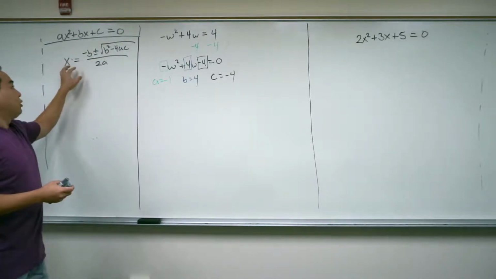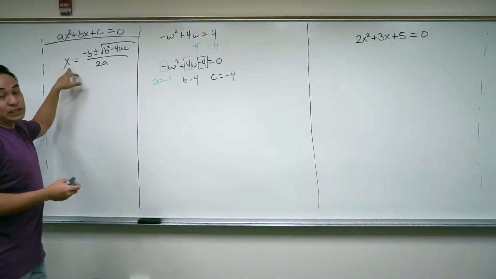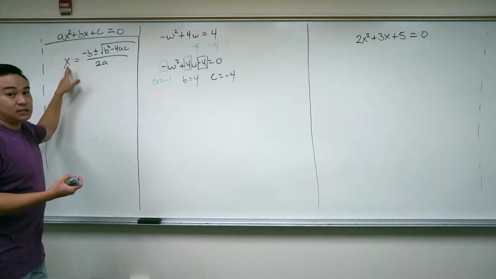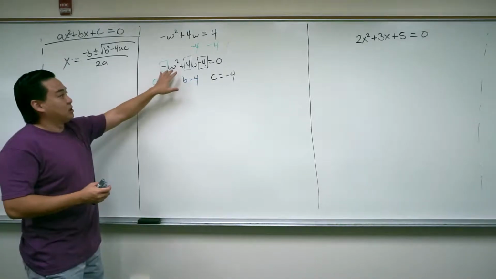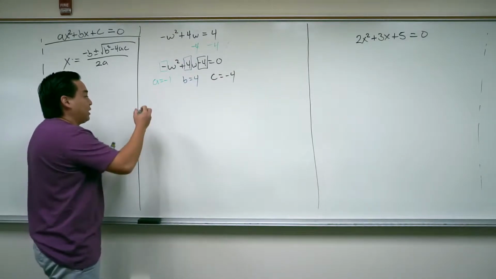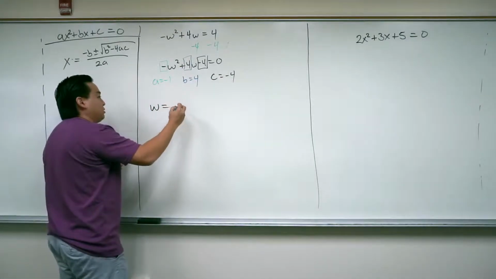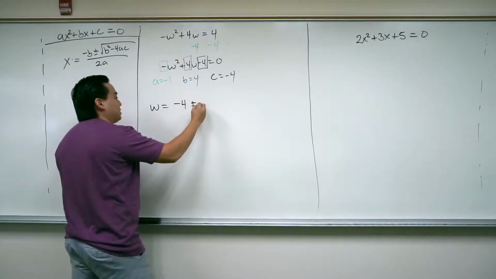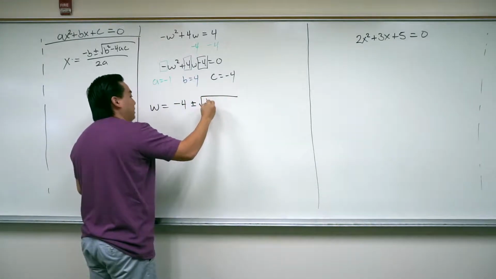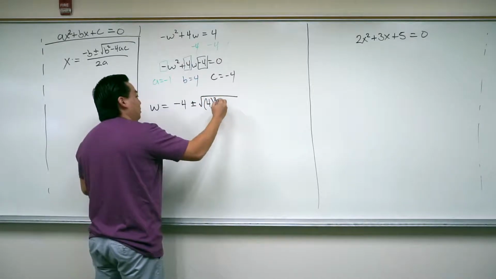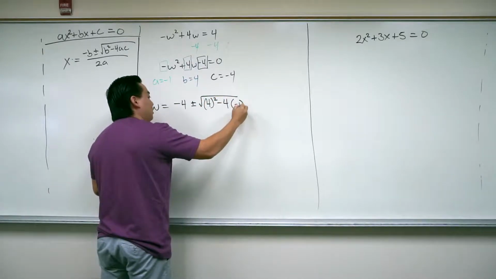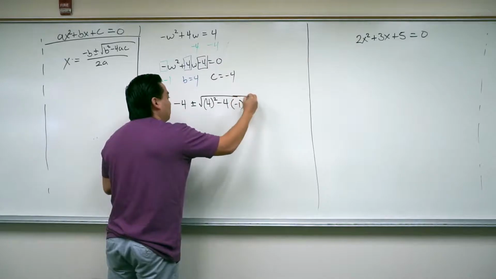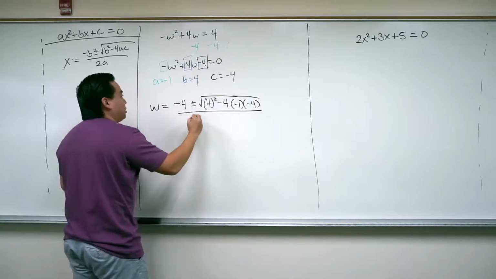Now, be careful when you're writing this out, this represents the input value, not just x. So the input value here is going to be w, so make sure you write that. w is equal to negative b, which is negative 4, plus or minus the square root of b squared minus 4 times a times c, divided by 2a.